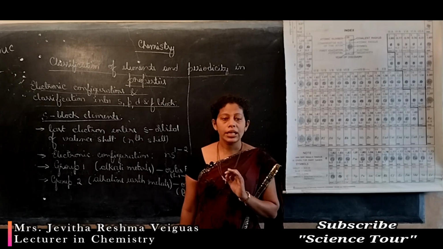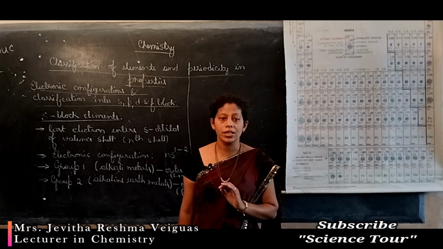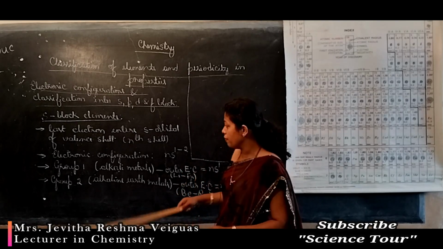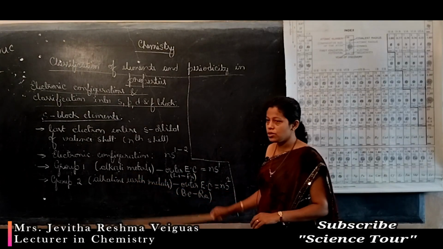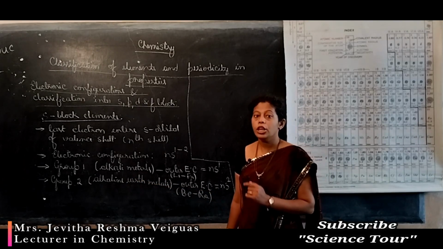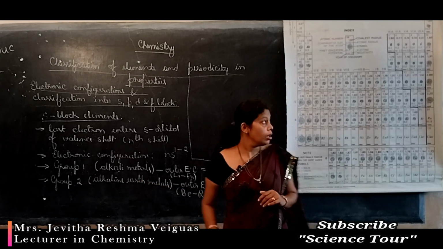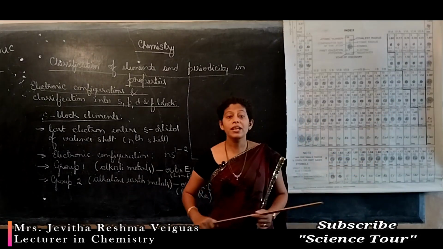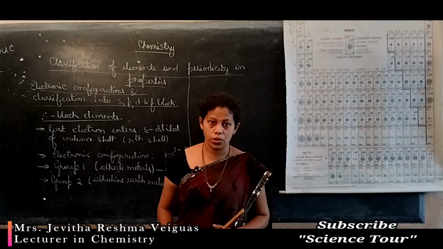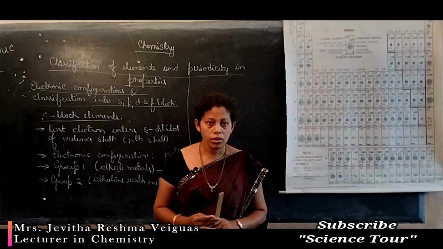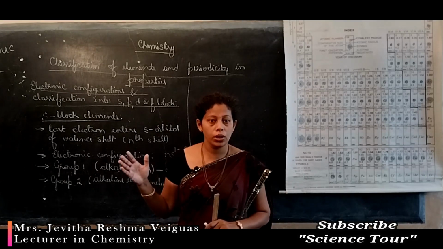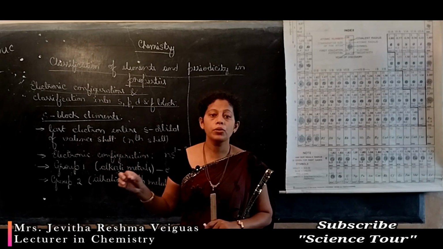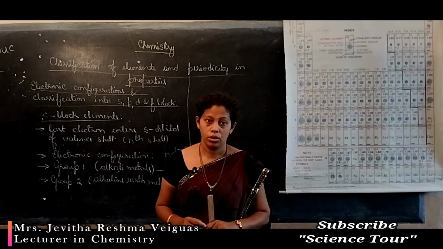Hydrogen has 1s1 electronic configuration, hence there is similarity in electronic configuration with the alkali metals, and it also has similarity with the group 17 elements. Group 17 elements are halogens. Hydrogen has a similarity with alkali metals and halogens according to its electronic configuration.